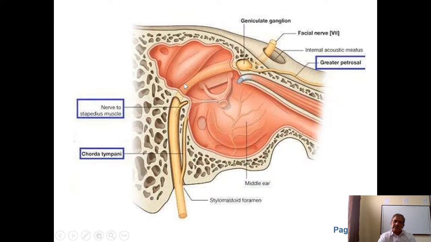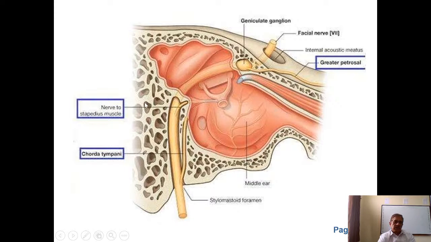The next landmark is the fossa incudis. Fossa incudis is the small depression into which the short process of the incus is attached with a ligament. Then from there the facial nerve takes a vertical bend downwards.